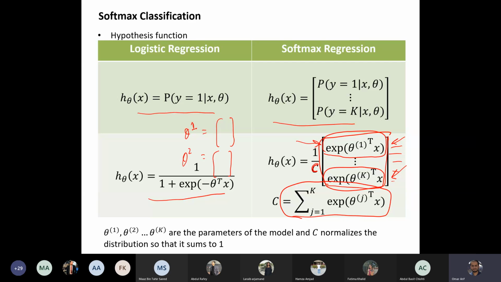What this is going to do is to make sure that if I take the sum of all these probabilities, then I get 1.